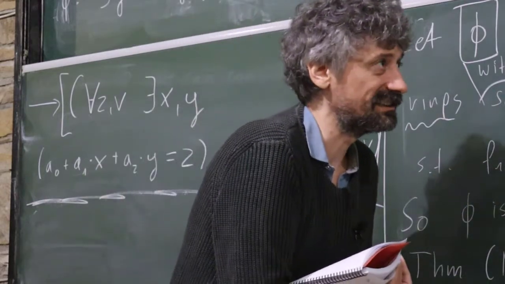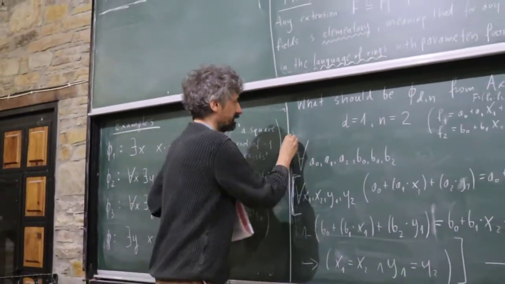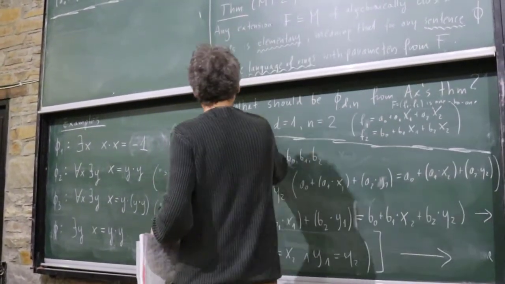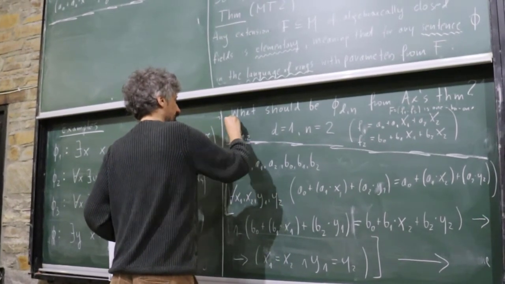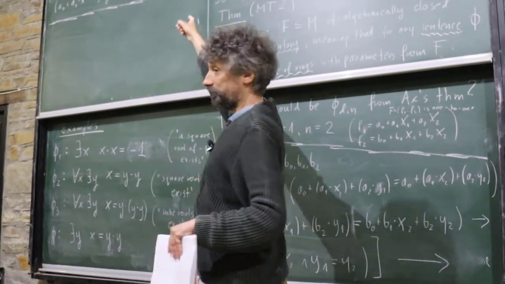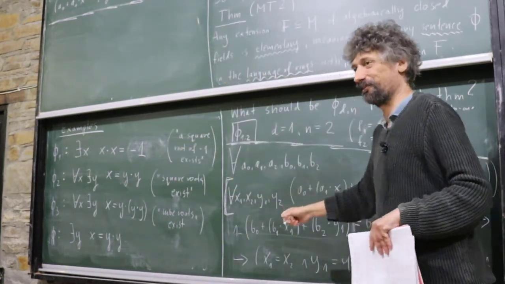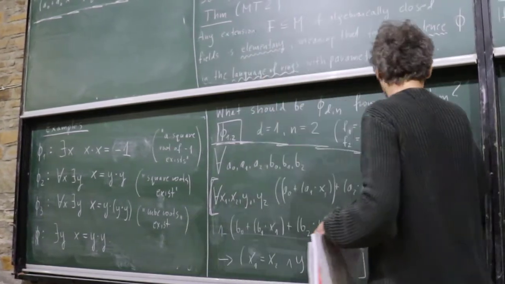It would be better to write it on one board, but this whole string of symbols was just phi 1,2. It starts here and finishes there, and to be honest, I should put more brackets, but I was not putting them, because also here I should put, or anywhere, to make it meaningful.